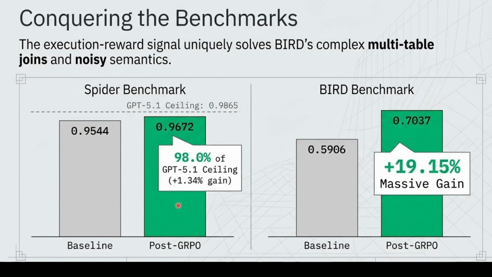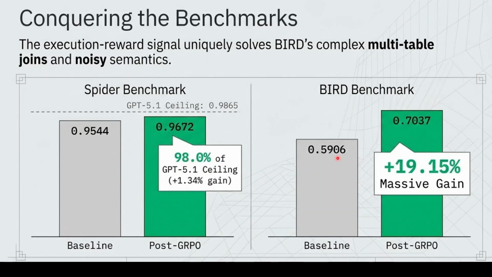Before fine-tuning, we also calculated the benchmarks of the baseline instruction fine-tuned model on the same dataset. Now, post fine-tuning, we can see a noticeable difference. On the Spider dataset, the reward has increased from 95 to 96, which is 98% of the GPT 5.1 ceiling. That is, we have achieved 98% of what GPT 5.1, a large language model, can do.